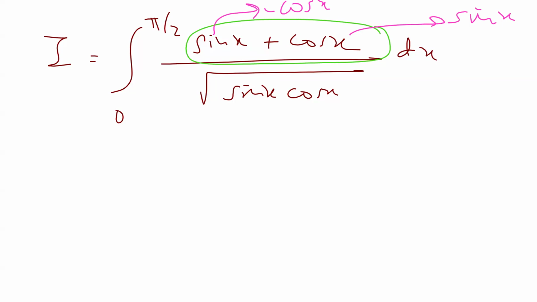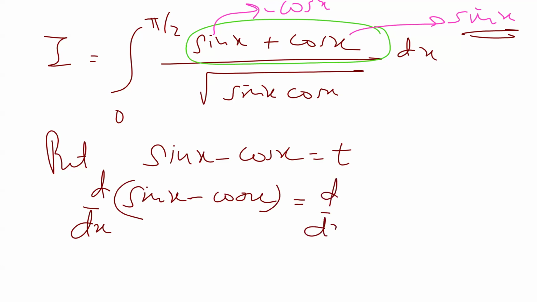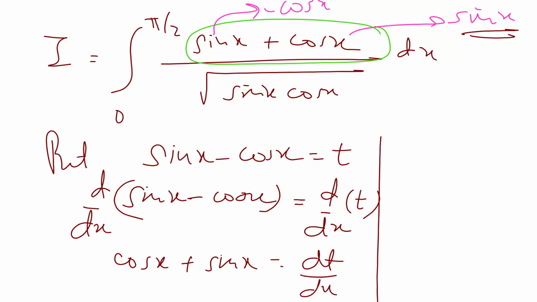Okay, so put sin x minus cos x is equal to t. d by dx of sin x minus cos x, d by dx of t. Sin x minus cos x derivative is cos x plus sin x, dt by dx.